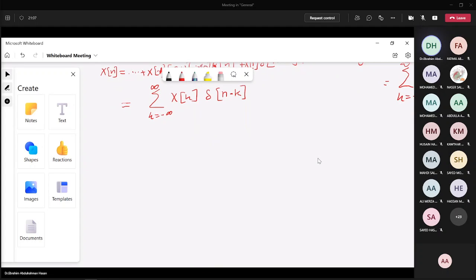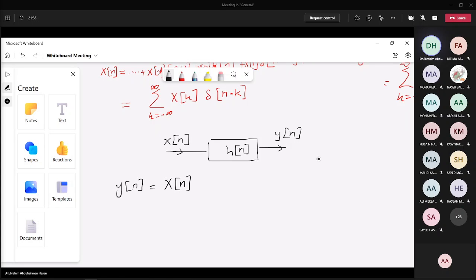So if we have any system, the input equals x of n, the impulse response of the system is h of n, and this is the output. So y of n is equal to x of n, we use convolution, and this is the symbol of convolution, h of n.